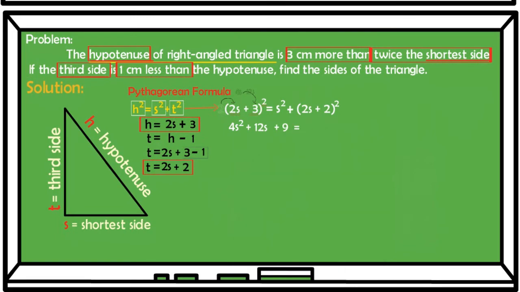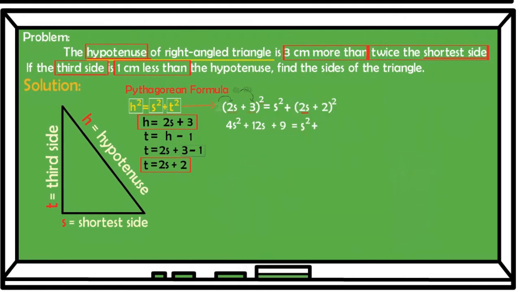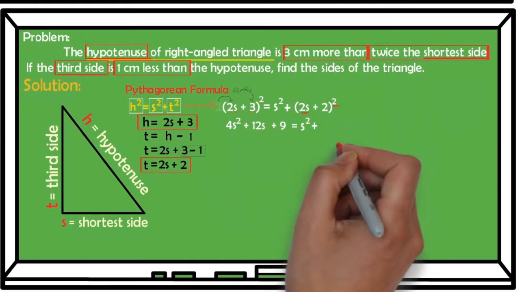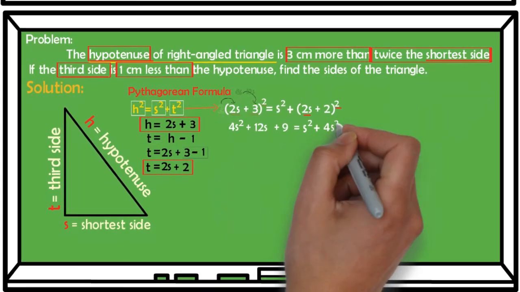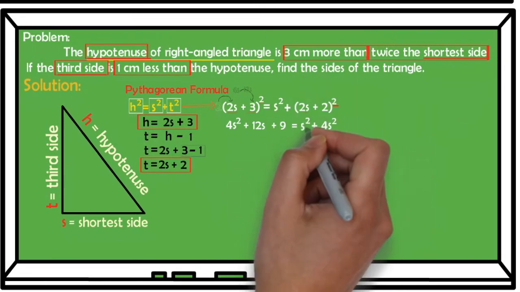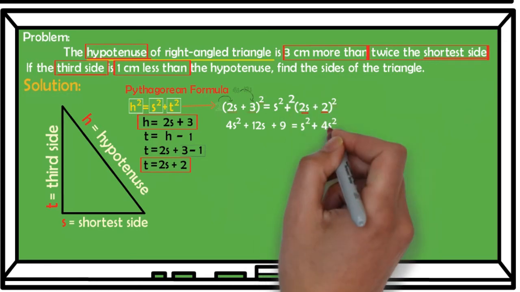Next, to the other side of the equation, just write down s squared plus the square of the binomial. First is the square of the first term, so we have 2s times 2s, so we have 4s squared. Then to get the middle term, again, write down the constant 2. Then we'll multiply 2 to 2s and to 2.